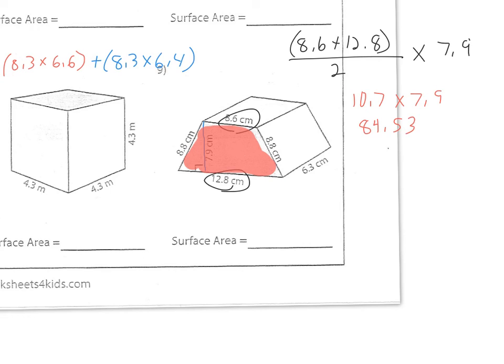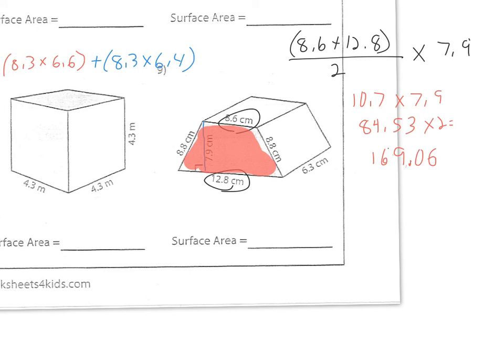So that's that one, but then you got to double it because you got another trapezoid on the back. So times 2 equals 169.06. There is a 9 there.